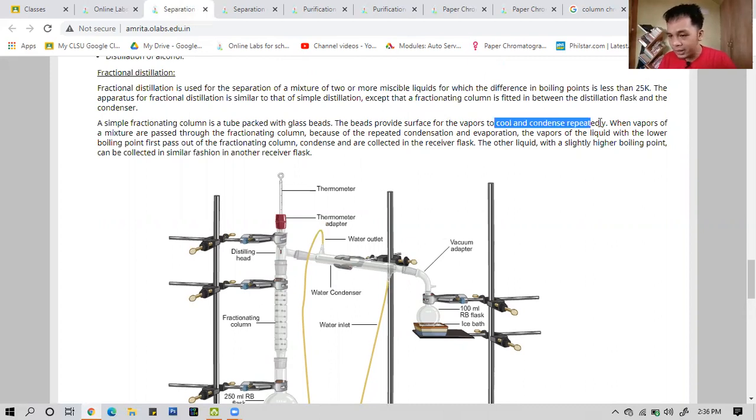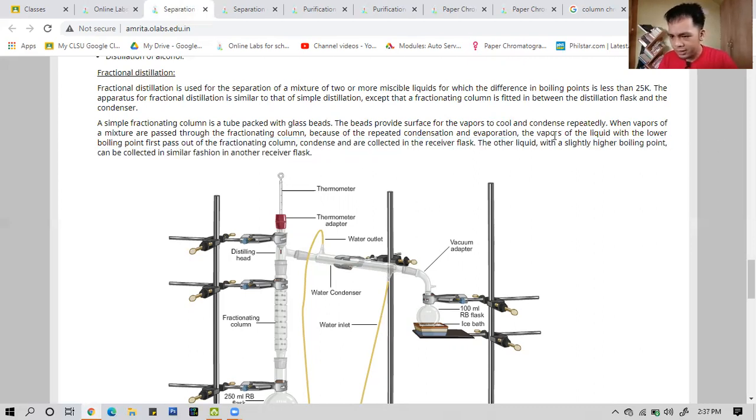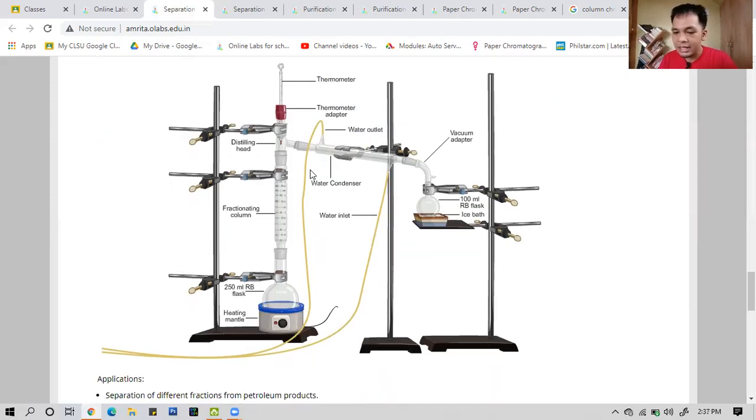When the vapor mixture passes through the fractionating column, because of the repeated condensation and evaporation, the vapors of the liquid with the lower boiling point will pass out first. The liquid with the lower boiling point will pass out of the fractionating column, condense, and be collected in the receiver flask. The other liquid with a slightly higher boiling point can be collected in similar fashion in another flask.